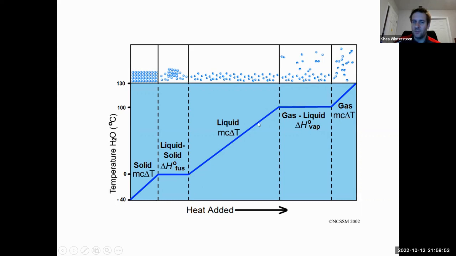So this would be my starting temperature up here at 100. This would be my final temperature at 0. So to find the change in T, I would do 0 minus 100, and I'd get a negative value for my delta T. And this negative value for my delta T multiplied by a positive value for specific heat and a positive value for the mass would give me a negative number.